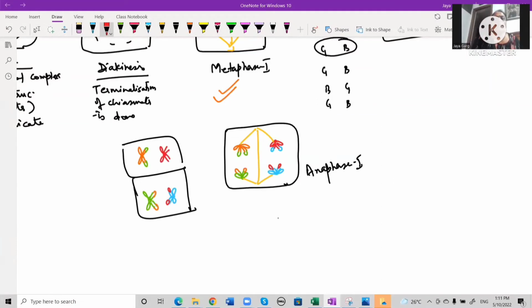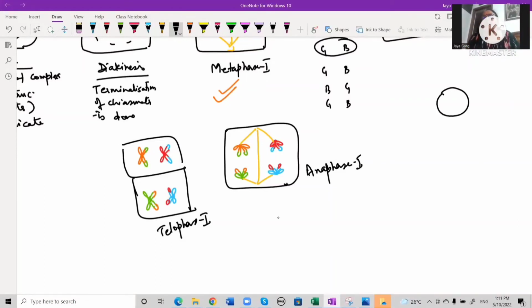I started with a cell with how many chromosomes? 4. Now I made 2 cells, each having only 2 chromosomes. So this is the phase where the actual reductional division has occurred.